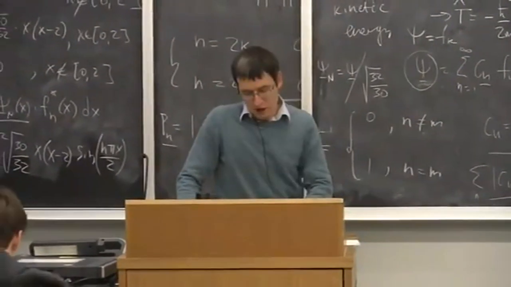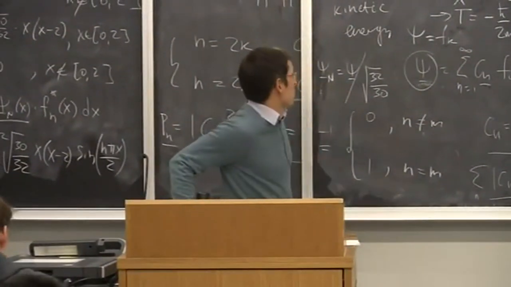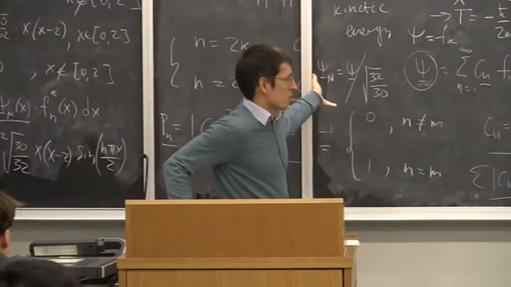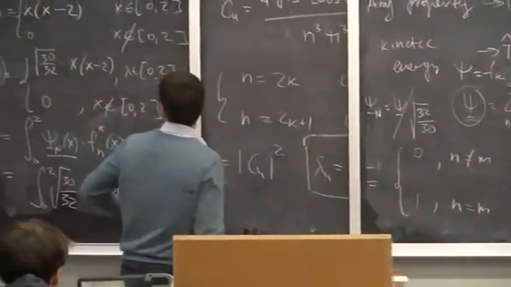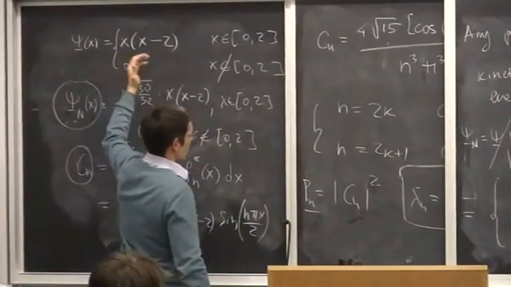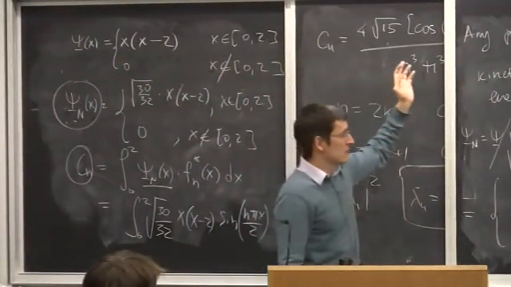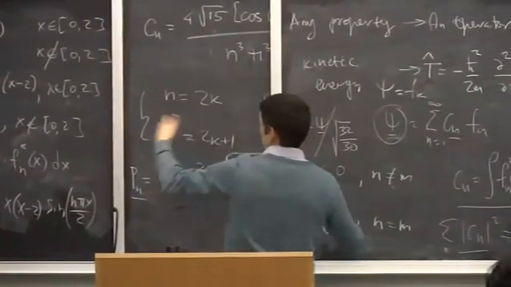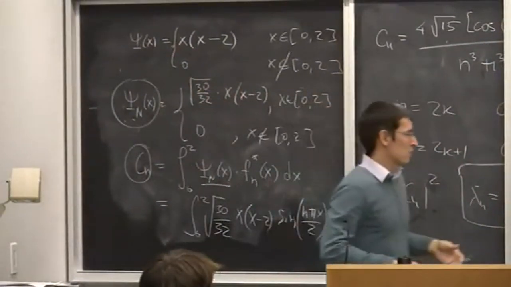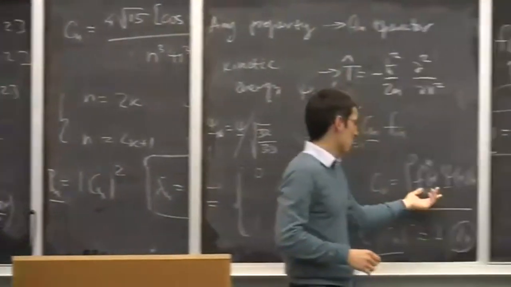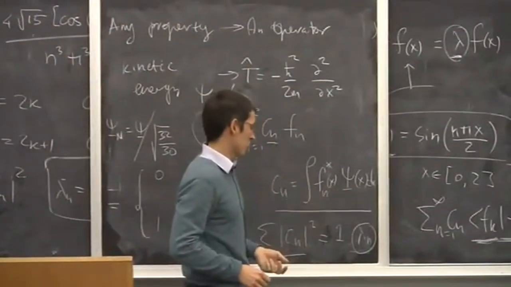Okay, so now, this is probably the most difficult, the most involved problem I just showed you, where you have a function which is not an eigenfunction, and it's not written as a linear combination. It's written like something, and you need to find the coefficients in front of the eigenfunctions.